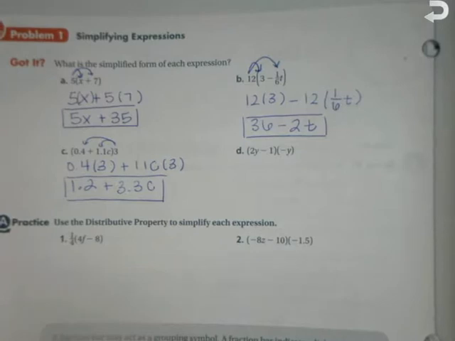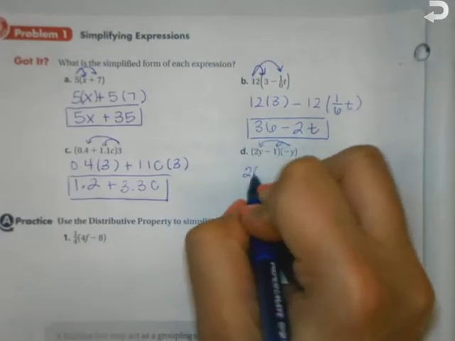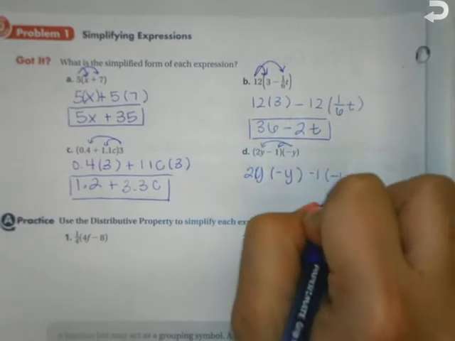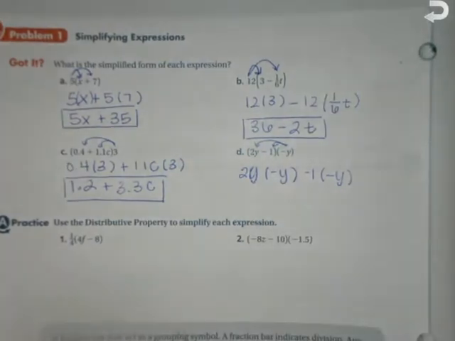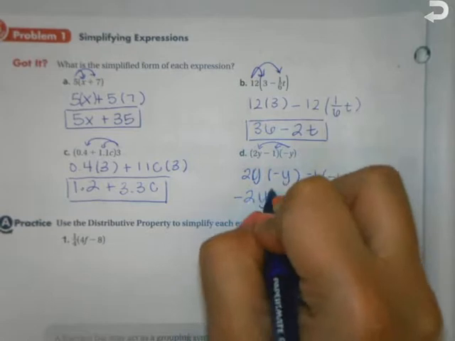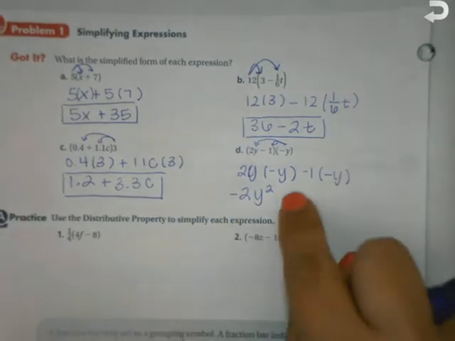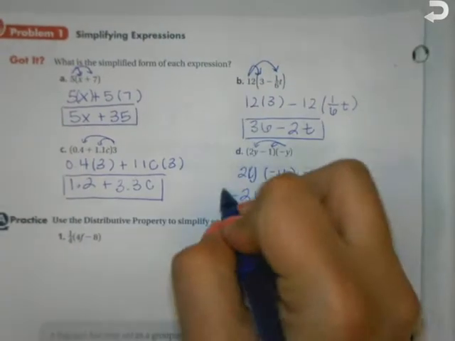And then last one. This is going to be 2y times negative y minus 1 times negative y. What's 2y times negative y? Who got that? Negative 2y squared. And then negative 1 times negative y gives me plus y. And that's your answer.